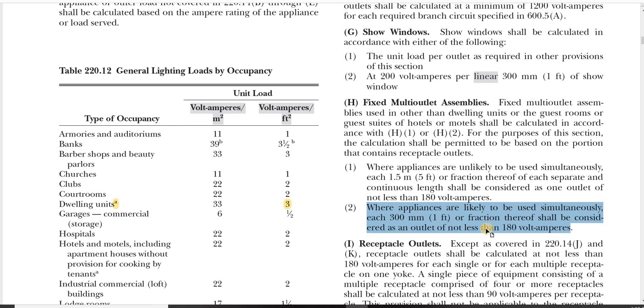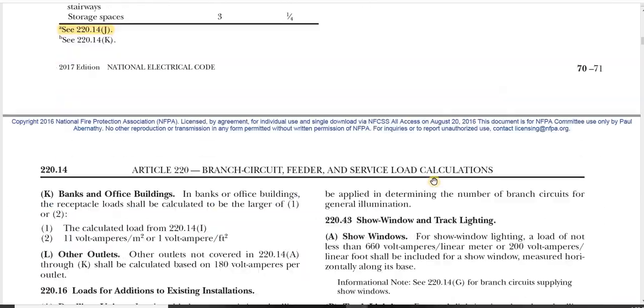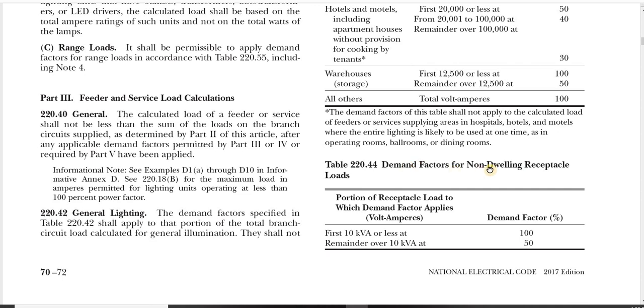But we get asked all the time, what is the demand load or what is the calculated load? If that's the point, then we know that there's another step. Well, since this is a commercial application and we're over 10,000 VA, then you got to go all the way down here and we get to use some demands. Okay, check it out. Since it's a non-dwelling receptacle load, right there, we get to use 220.44.